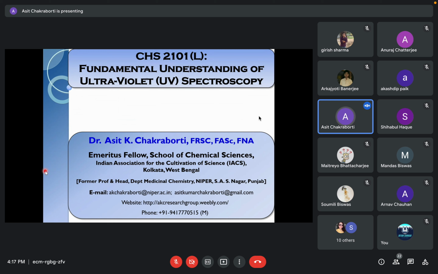Then we draw an inference: sulfur and nitrogen may be present. So what is the fundamental basis behind this inference? The moment a compound is colored in nature, we say that it might contain sulfur or it might contain nitrogen.